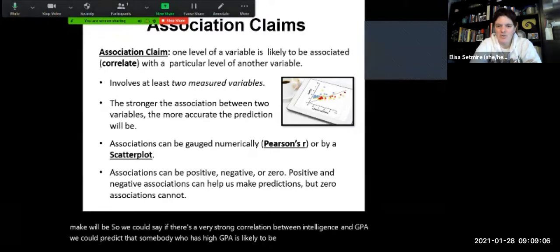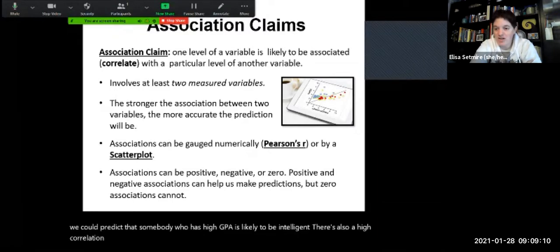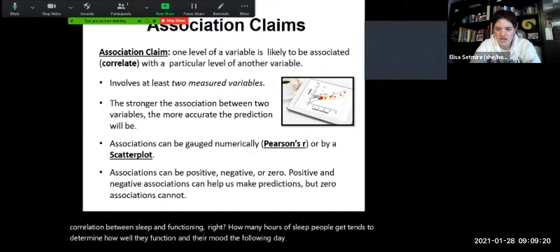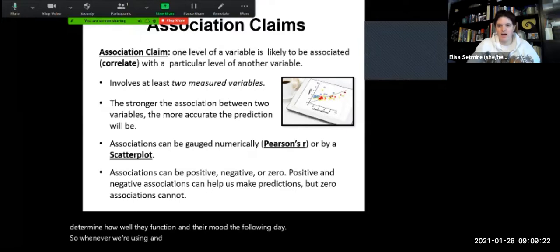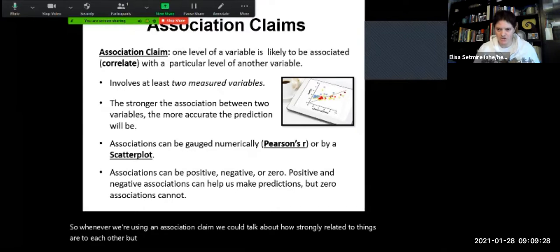There's also a high correlation between sleep and functioning, right? How many hours of sleep people get tends to determine how well they function and their mood the following day. So whenever we're using an association claim, we could talk about how strongly related 2 things are to each other by using a couple of different metrics.